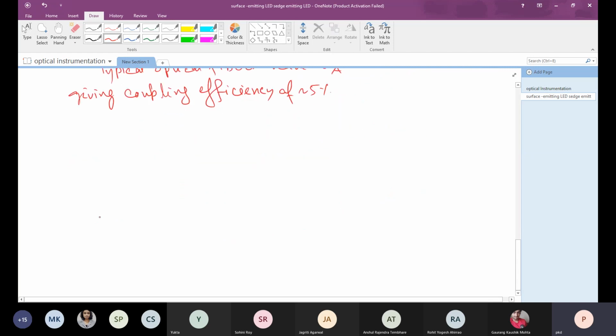So though there are advantages of pigtailed fiber, because free space coupling would be much more difficult, and also due to the movement of the optical fiber and the LED, it needs to be adjusted every time. So that's why if the fiber is fused into the emitting point of the LED, it has a lot of advantages.